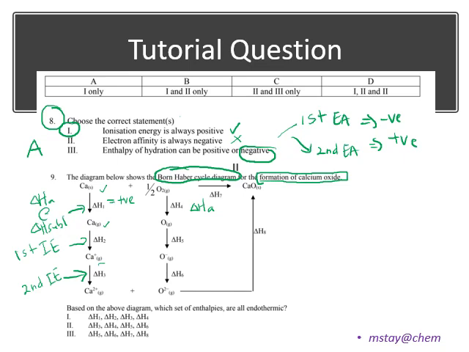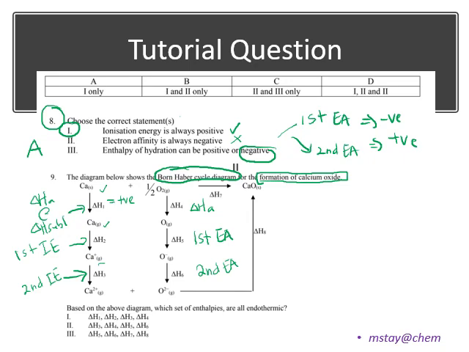Next, a gaseous oxygen atom becomes a gaseous oxygen ion. This is electron affinity. Since the gaseous atom gains one electron, this is the first EA, and then O negative continues to gain another electron, so this is the second electron affinity.